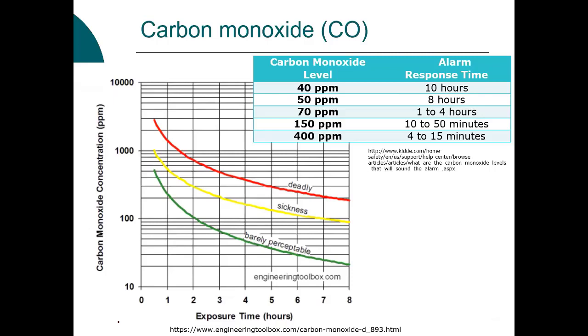So for instance, if you look right here, 1 hour exposure, and this is 2, 3, 4, 5, about 500 here. So you can be exposed for about 1 hour at 500 parts per million. You will observe some sickness.